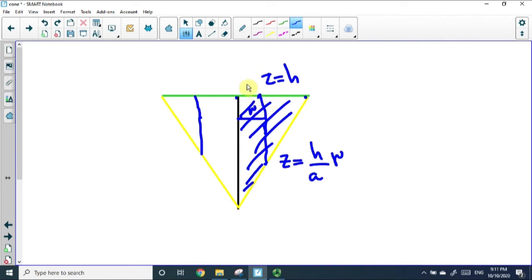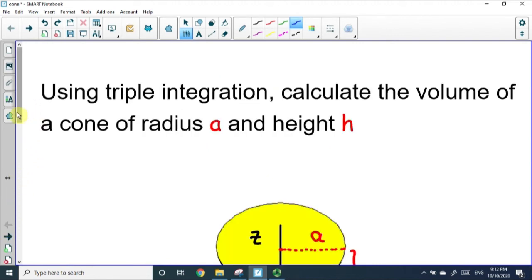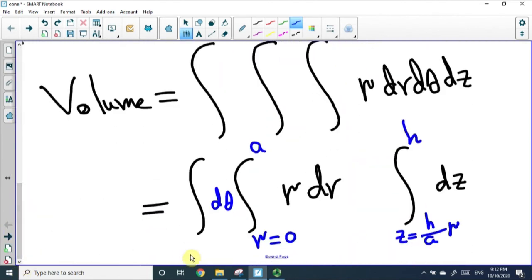Now, when you integrate over theta, you're going to take all the values of theta, which will rotate this piece around the z-axis by 2 pi, by an angle of 360 degrees, which will then fill the whole cone. So the integration over theta is very simple. Theta is going to change from 0 to a complete round of 2 pi. So these are the limits of integration.